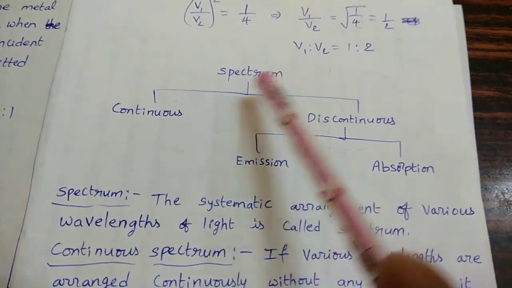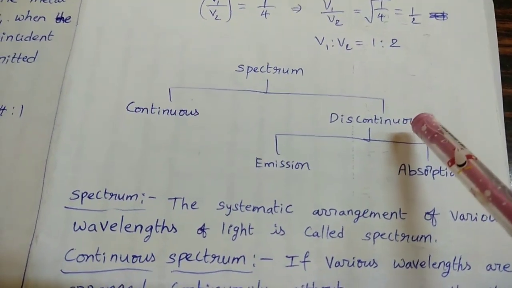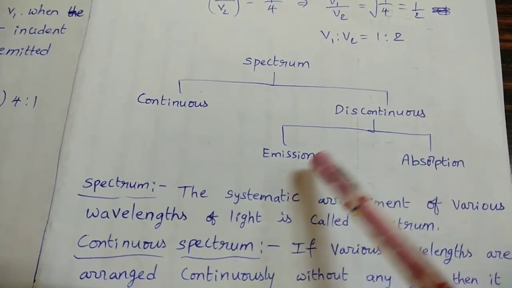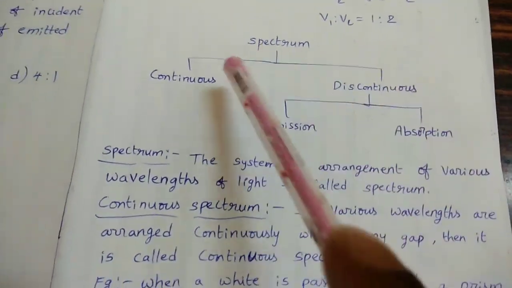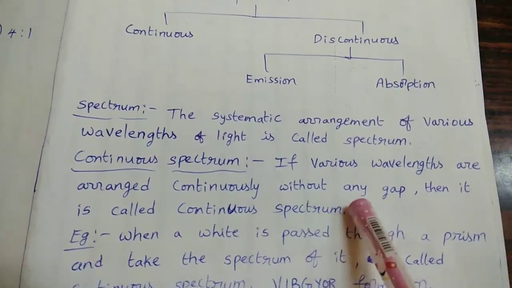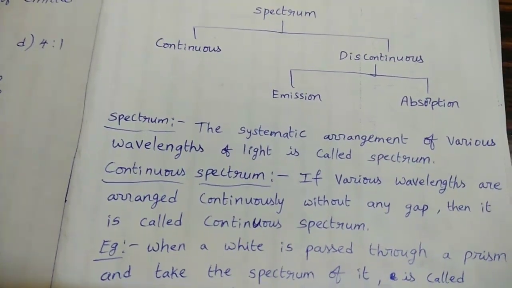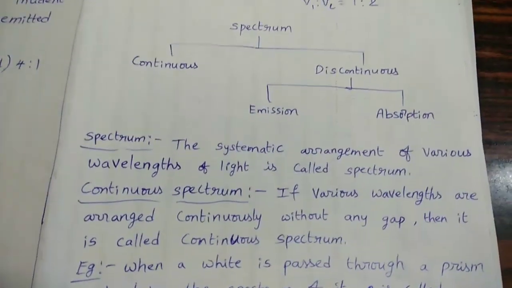This spectrum is broadly classified into 2 types, continuous and discontinuous. Again, discontinuous is subdivided into emission and absorption. Now see the continuous. If various wavelengths are arranged continuously without any gap, then it is called continuous spectrum. Simple example, VIBGYOR formation, that means rainbow.